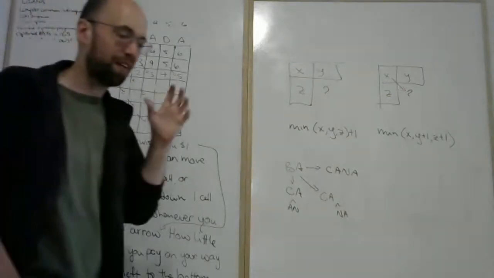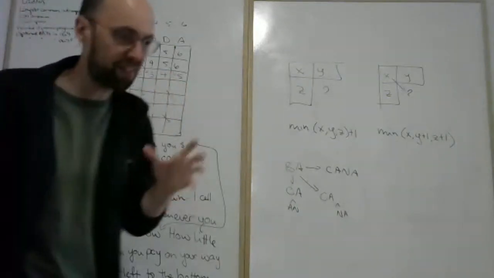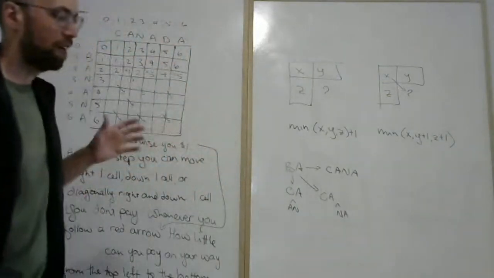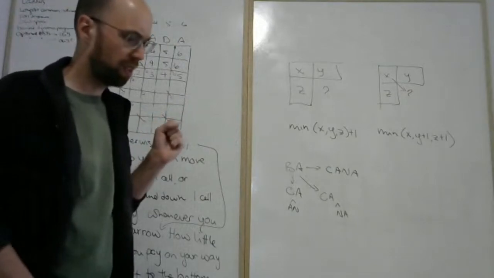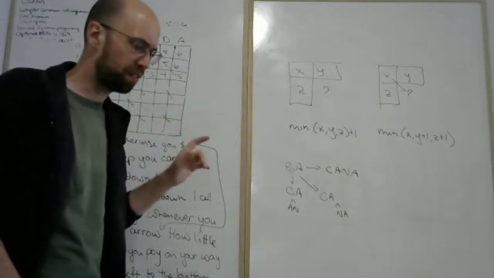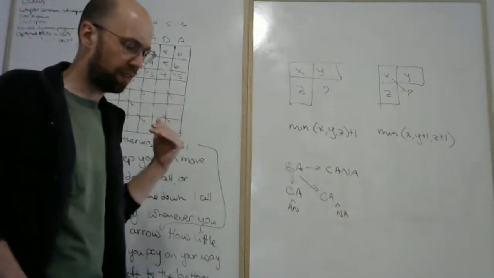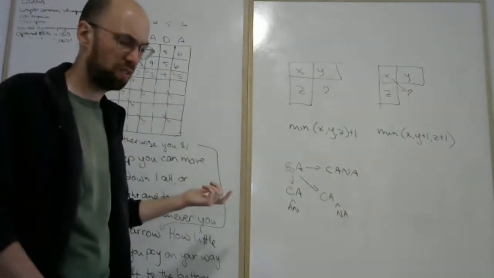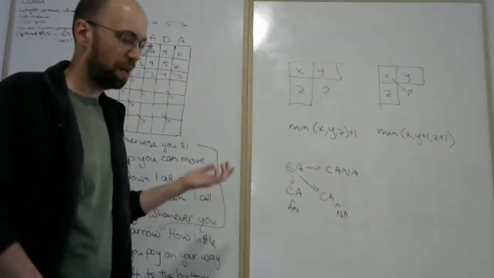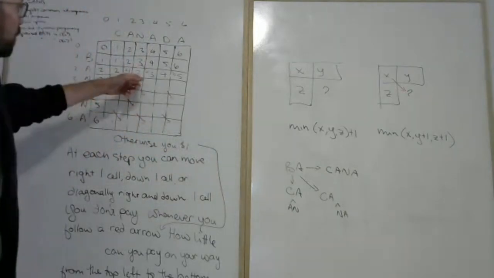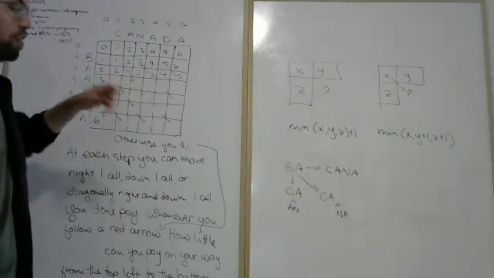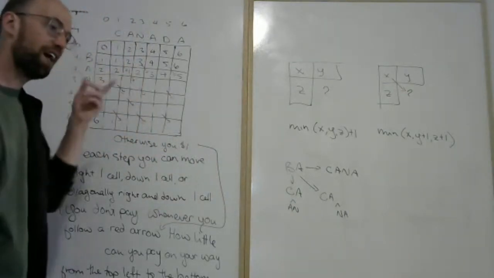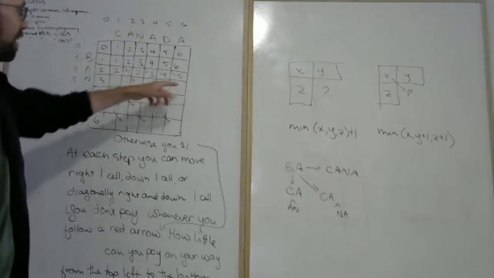Now, if I actually want to find the sequence of edits, it's a little bit trickier, but we saw that a little bit in the last class, when we were keeping some list. Basically, for these cells, you can keep an idea of the best paths that get you there.